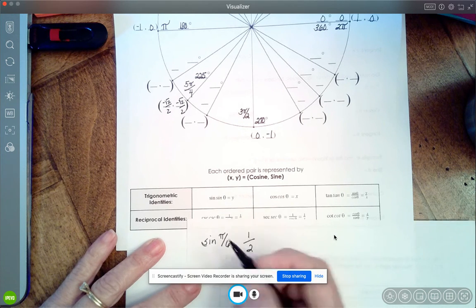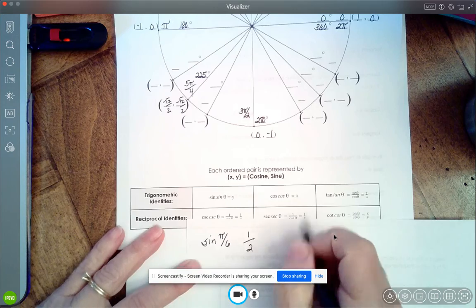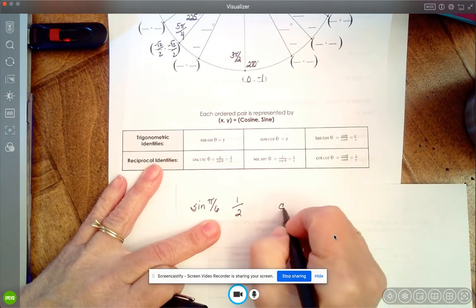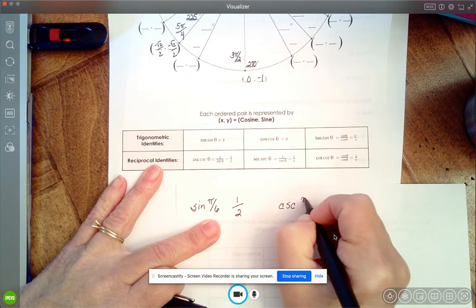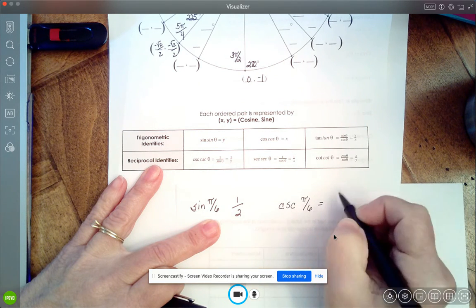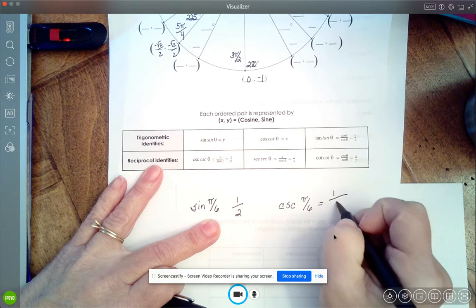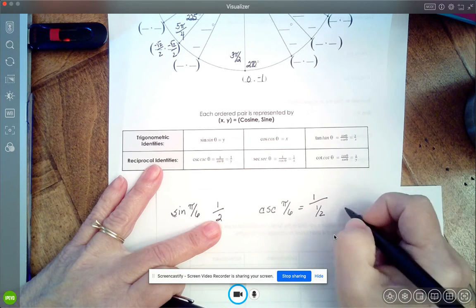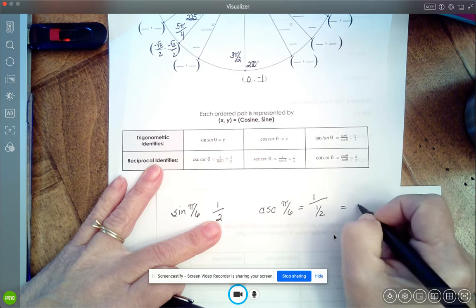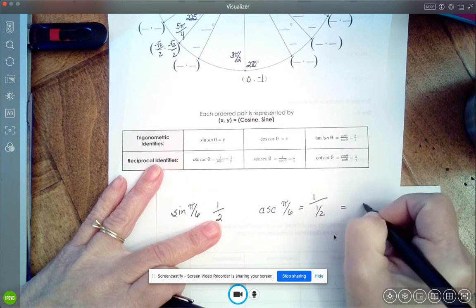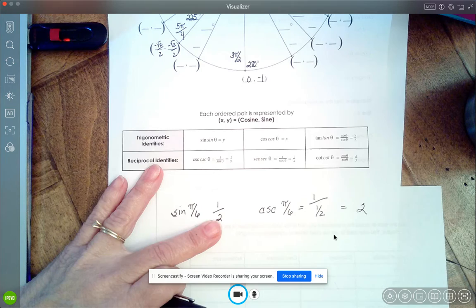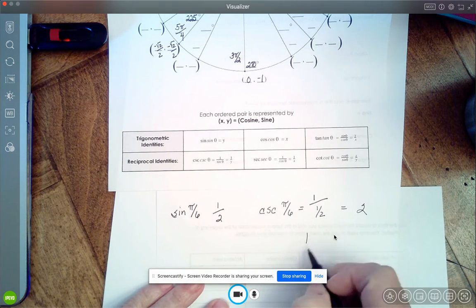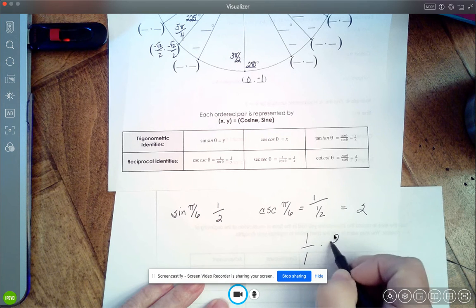My cosecant value of pi over 6 is 1 over the sine. When you're dividing by a fraction, you just multiply by the reciprocal. So the cosecant value is going to be 2, because I'm going to take 1 over 1 and multiply that by 2 over 1.